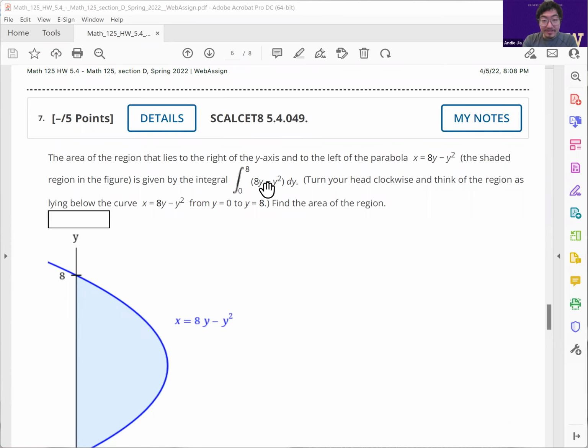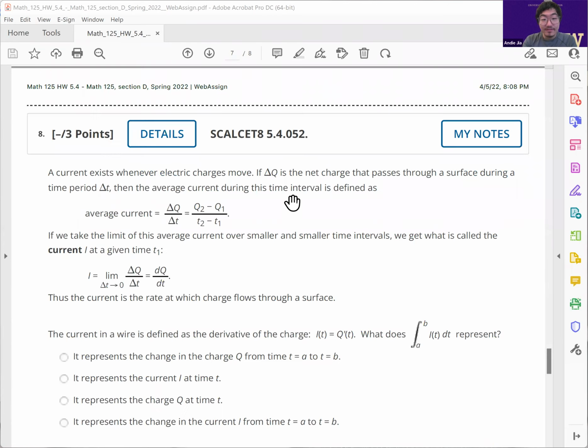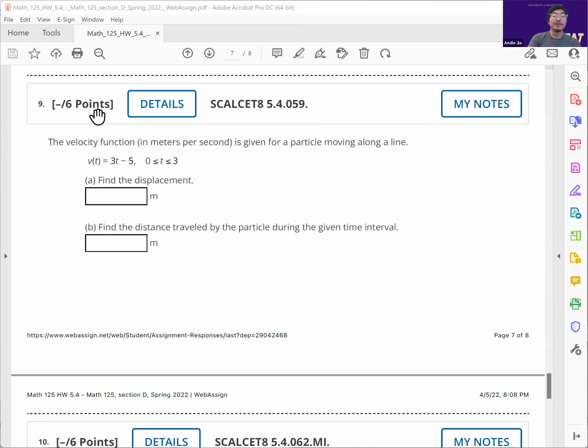For number 6, just evaluate this integral. Okay, and now I'm going to talk about total distance traveled and total displacement. Total distance traveled is the total amount of movement over a fixed interval of time.